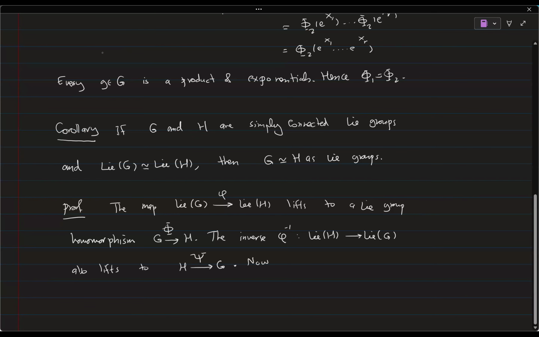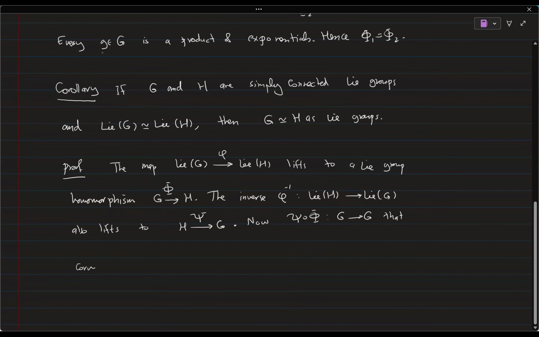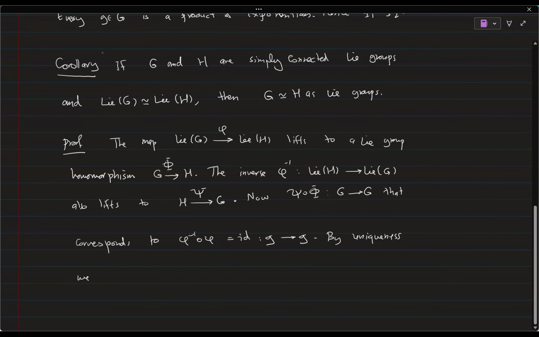So now psi composed with phi is a map from G to G that corresponds to phi inverse composed with phi, which is the identity on the Lie algebra. By the uniqueness we just proved, note that G is a simply connected Lie group, we must have that, because of course the identity map on G corresponds to the identity on the Lie algebra.